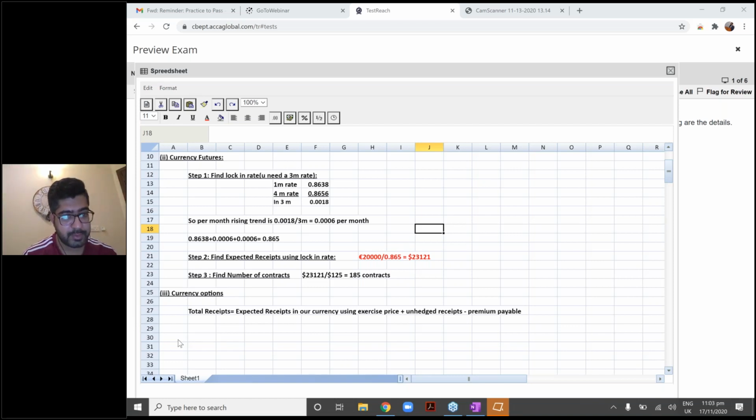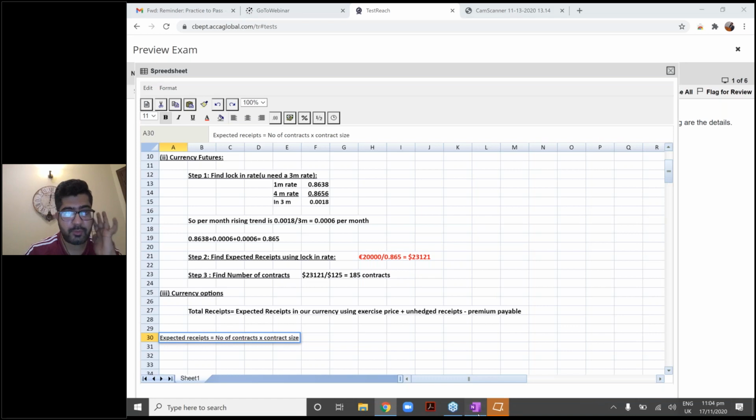Now let's start with the first thing, that is expected receipts. The formula of expected receipts, as I told you, is number of contracts multiplied by contract size.